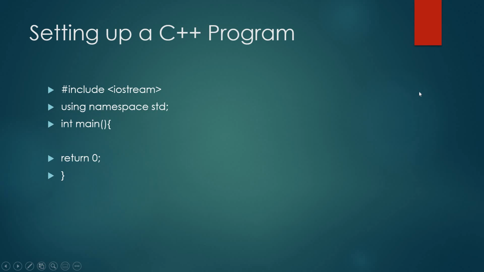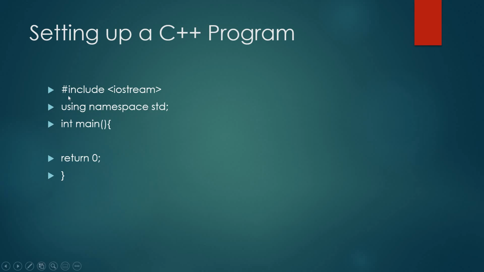Now we're ready to set up our first C++ program. This is our default code for right now. This is what you'll always add within your program to get it working. We will go over what all of this means later on. This is not really advanced stuff, but you need to learn some basics before we get to all of this.